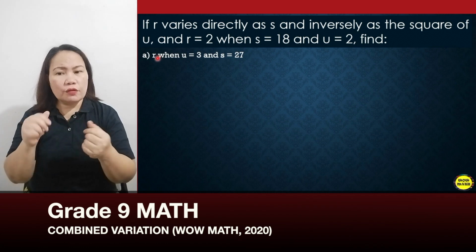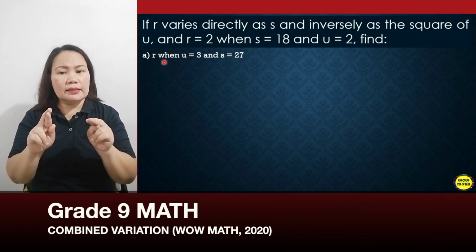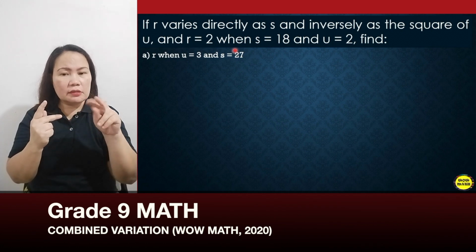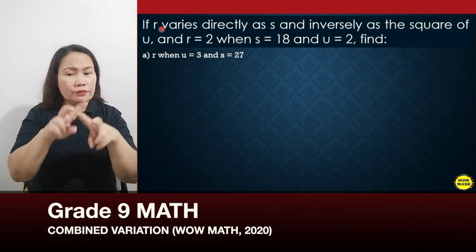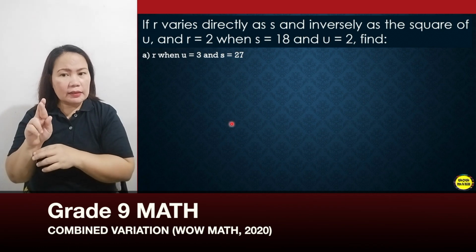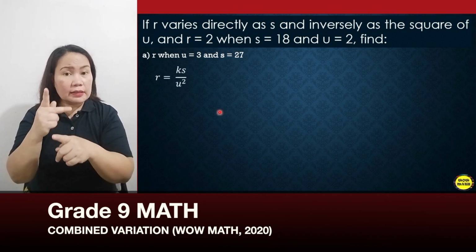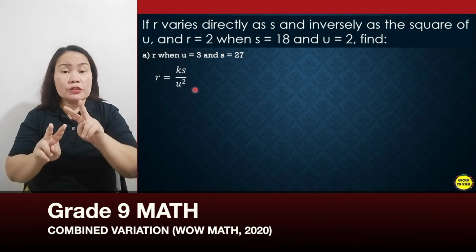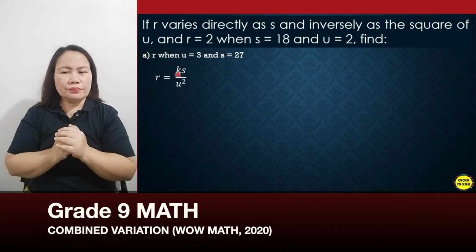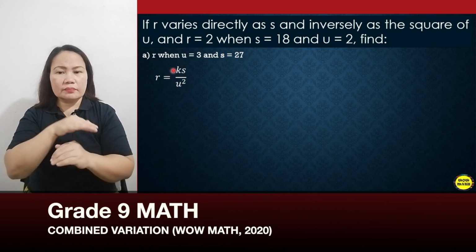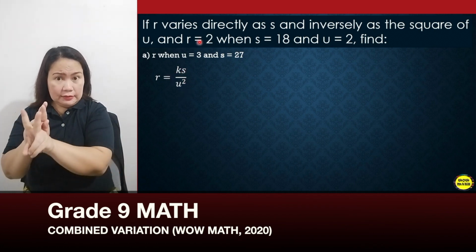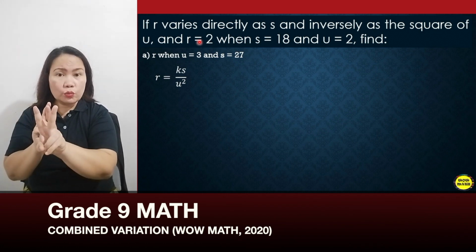So, para ma-solve natin yung r na to, kailangan muna natin kunin yung constant and then the equation of variation. So, translate muna natin into equation that is r equals ks over u squared. Okay, kasi square of u, di ba? Okay, r equals ks over u squared and then substitute natin para makuha natin yung constant of variation.